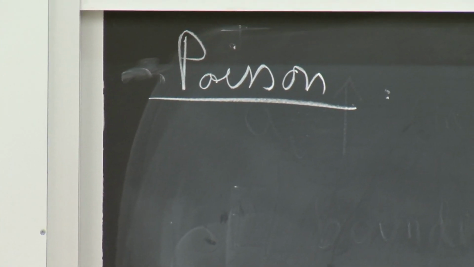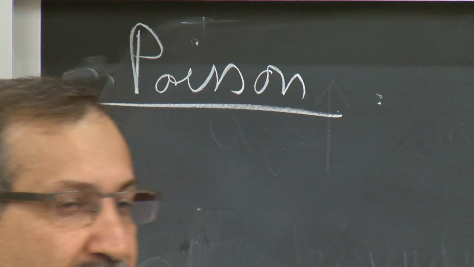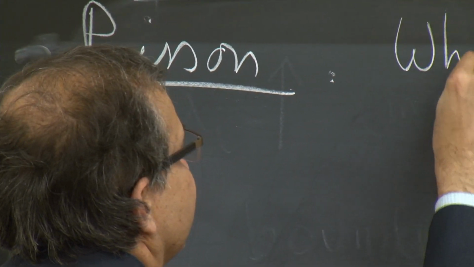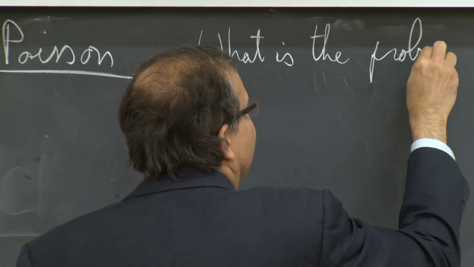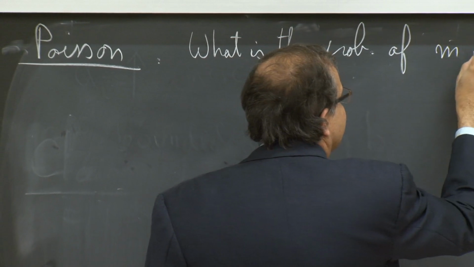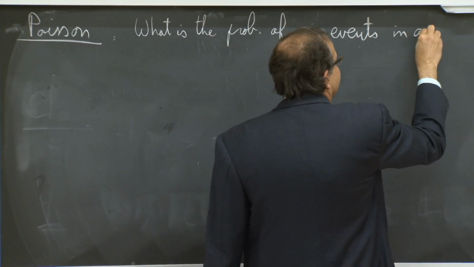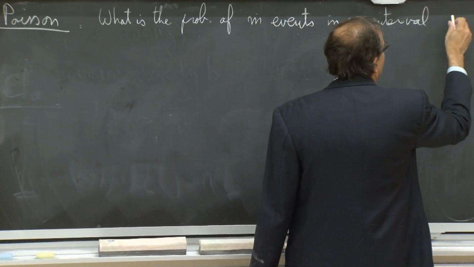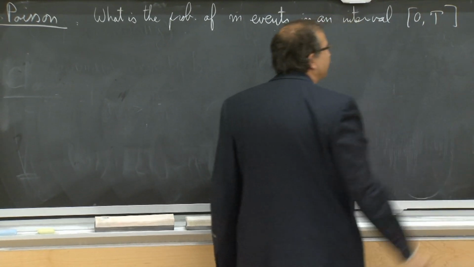And the question that we are asking is, we have an interval, and the question is, what is the probability of m events in an interval from 0 to t.